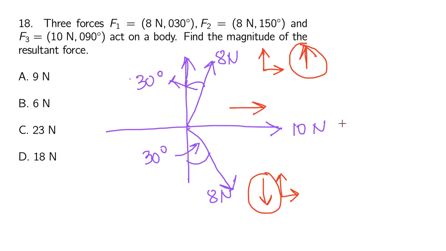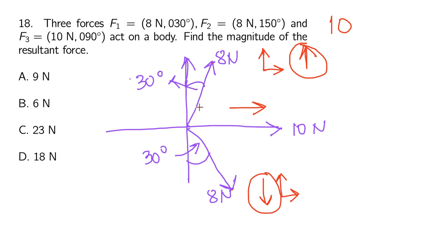For the 10 Newton force, its vertical component is 0 and its horizontal component is 10. So we're going to be adding 10 to the horizontal component of this force and the horizontal component of that force. Now, what is the horizontal component of this 8 Newton force?